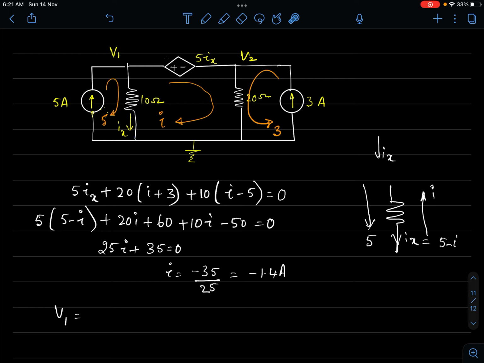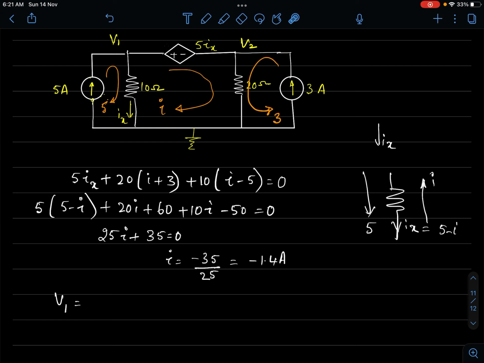So potential difference across 10 ohm is V1, that is 10 times the current through it. The current through it is Ix, so this is 10 into Ix. But what is Ix? Ix equal to 5 minus I. We have done that substitution here.